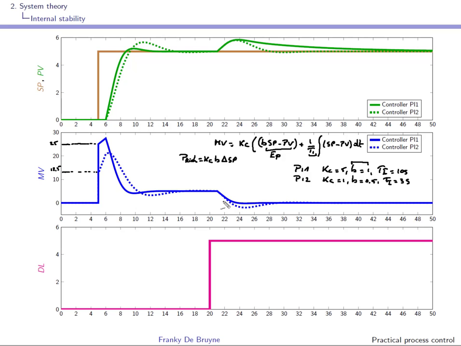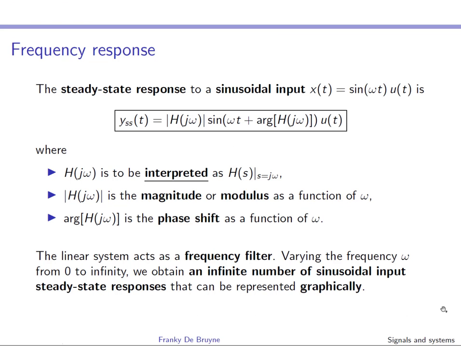Before we start talking about the Bode diagram, I would like to recycle a slide that's coming from the course Signals and Systems.